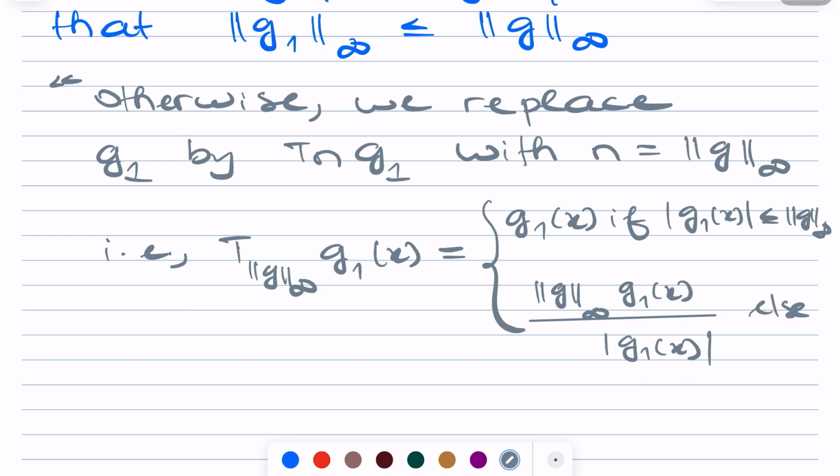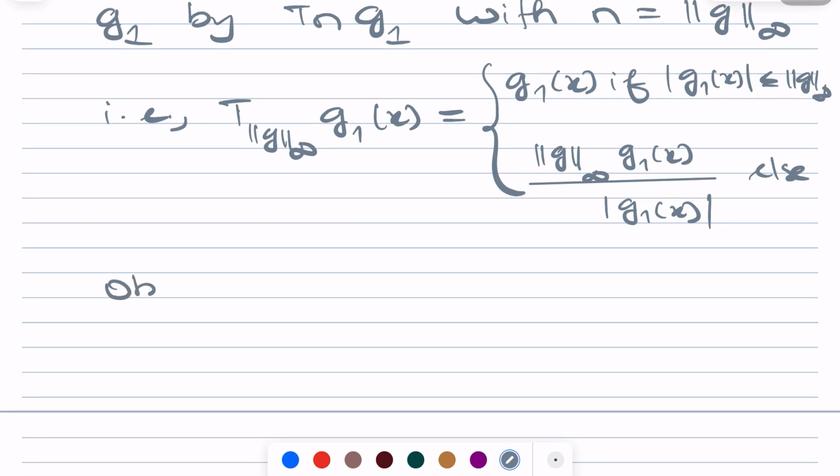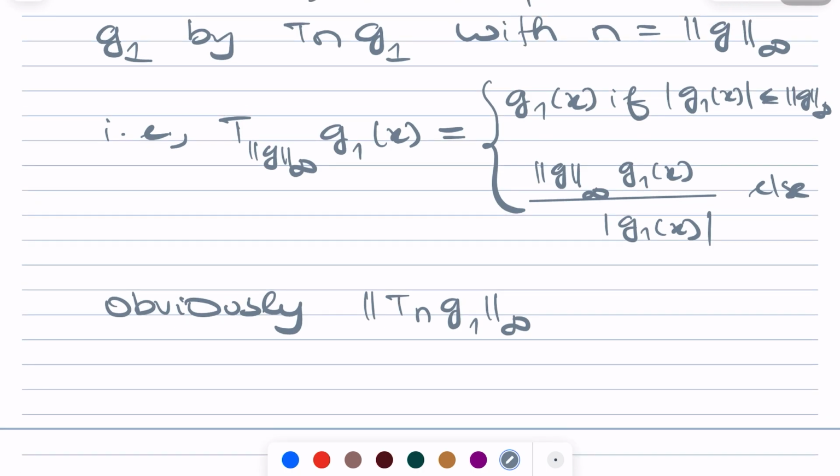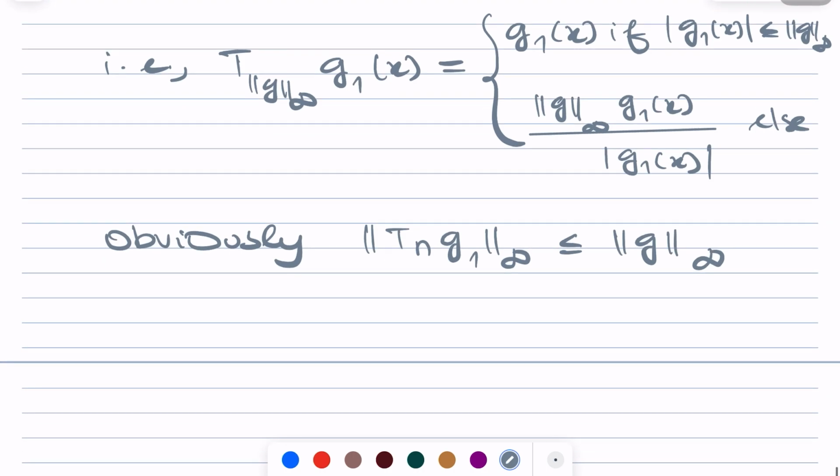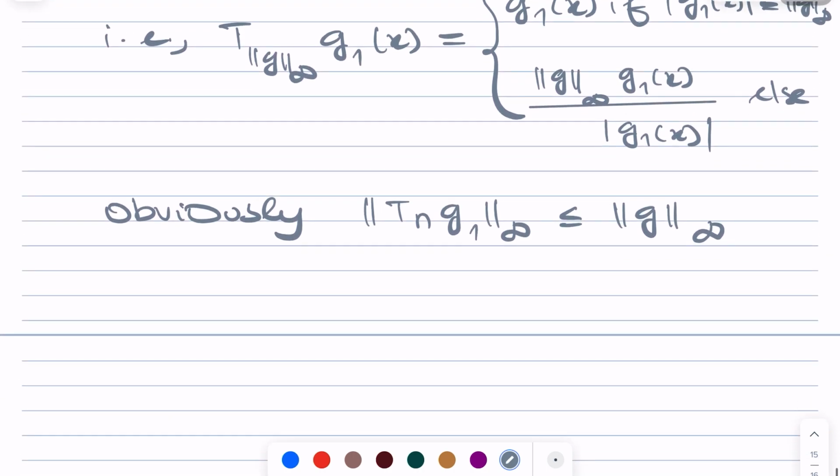And obviously you see that the infinity norm of the truncated version of g1, with n equal to the norm of g infinity, is always less than or equal to the infinity norm of g. Okay, so let me just close this.